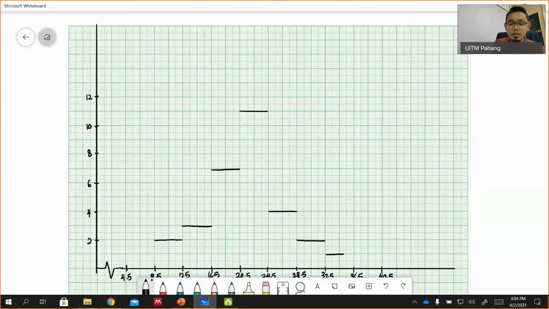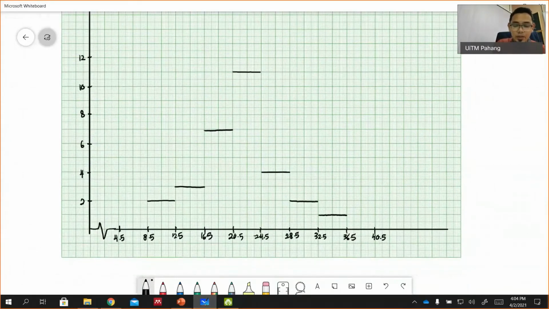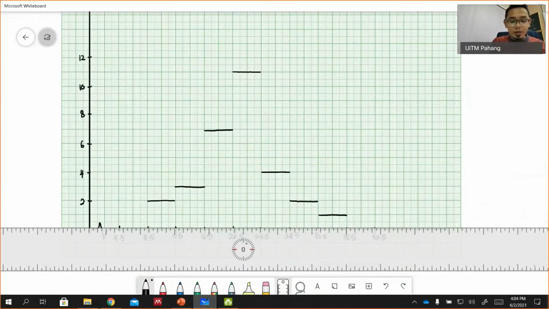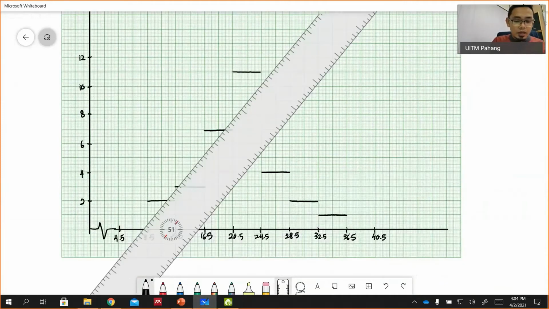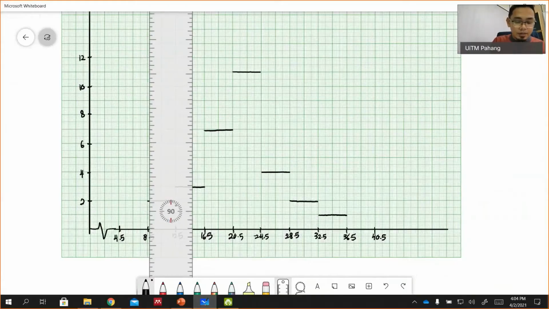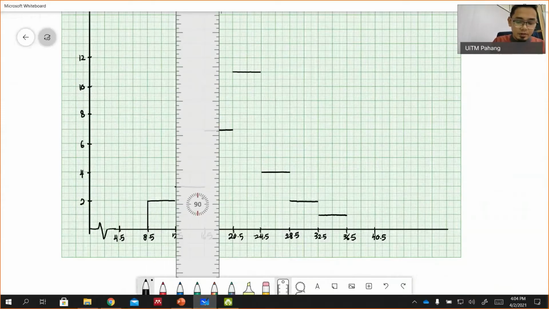All right, so these are your basis for drawing the bars for the histogram. So you draw your histogram, right? So it's something like this. Okay, these are the bars.